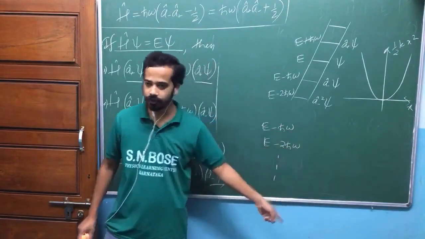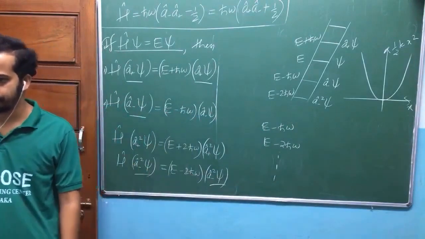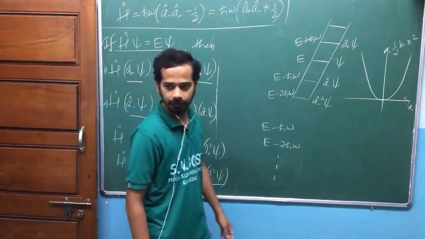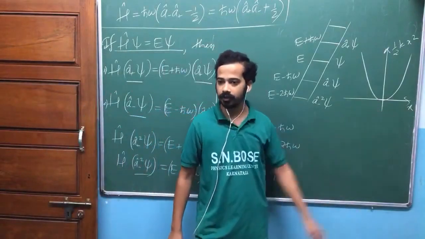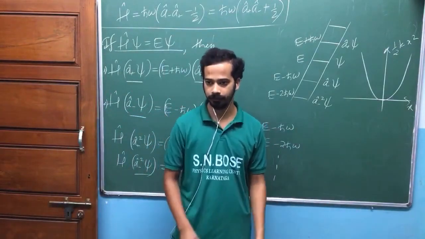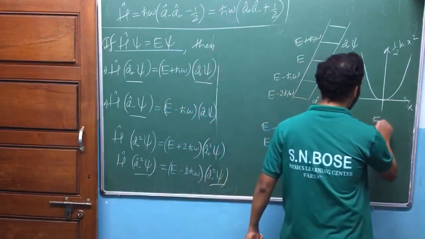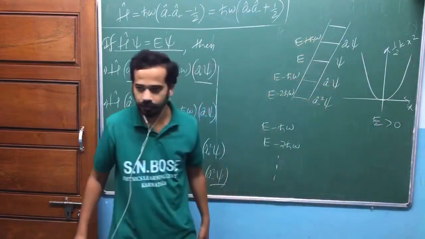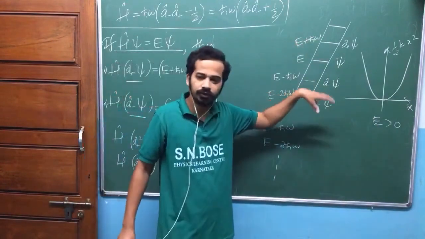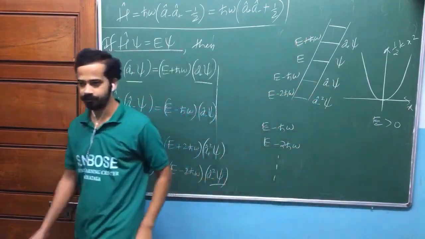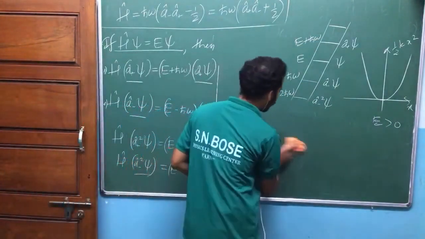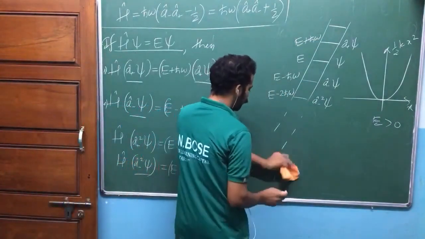Then you may get into the situation of negative energy. That should not happen, because negative energy states don't exist here. They are not normalizable. Energy should be greater than 0. That's why this lowering operation should end somewhere.